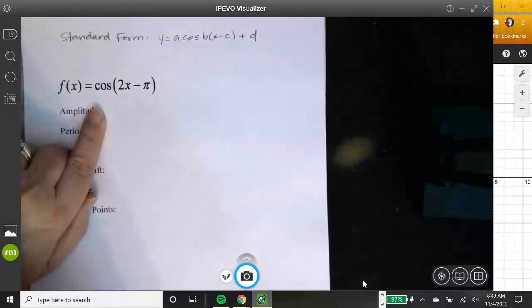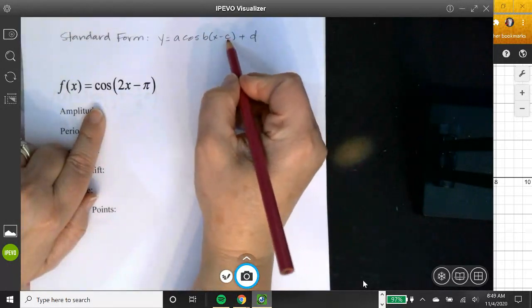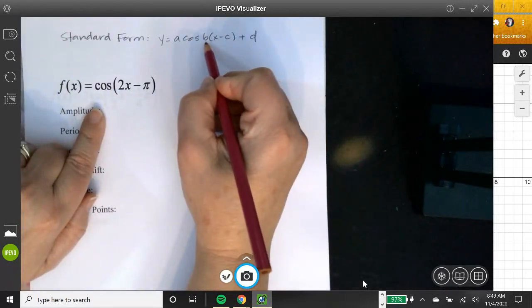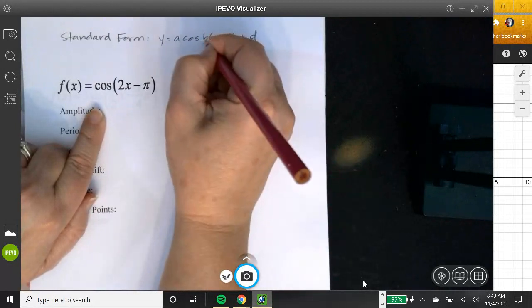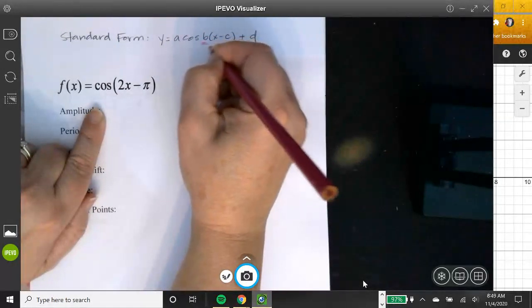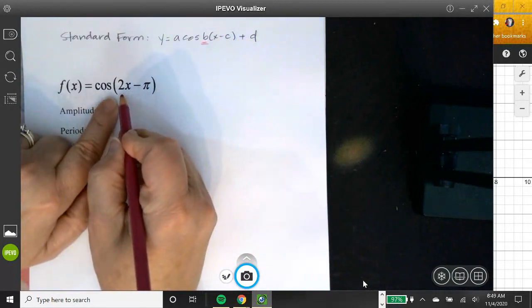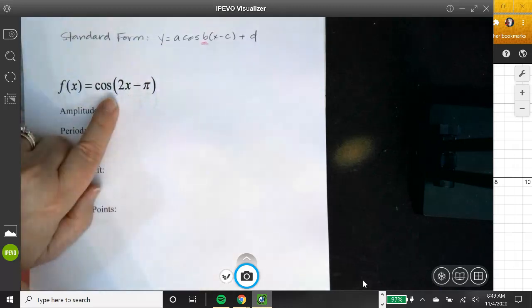I want you to please notice that this isn't c if the b isn't outside the x parentheses. This b needs to be outside of the parentheses. Do you see how b is inside the parentheses here? Oh, that's a troublesome situation.